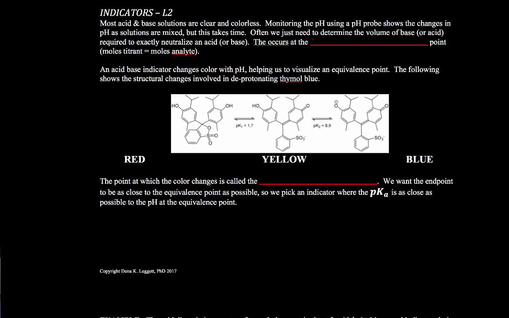So what we want to use is an indicator. An indicator changes color at that equivalence point. Now, when the indicator changes color, we call that the end point.